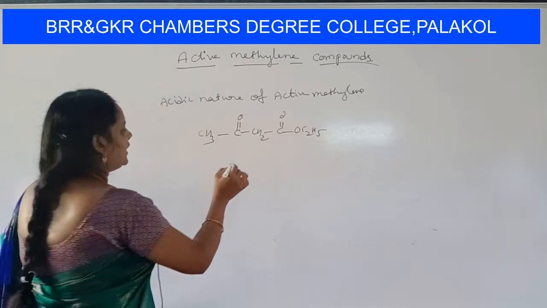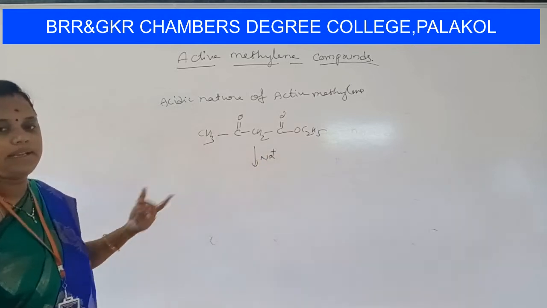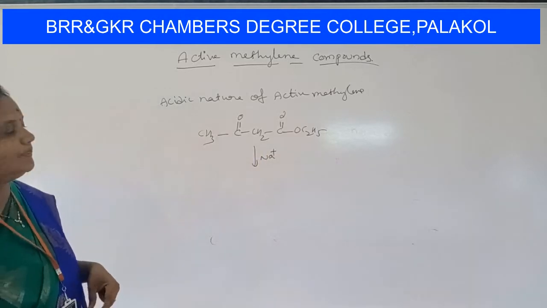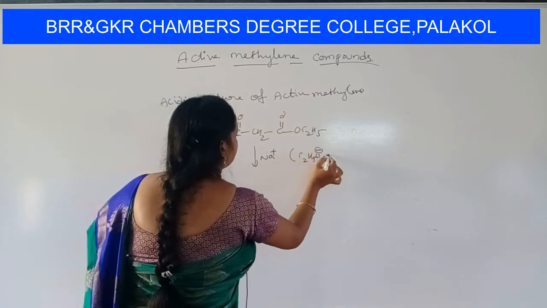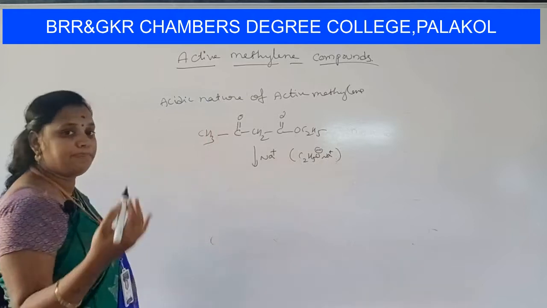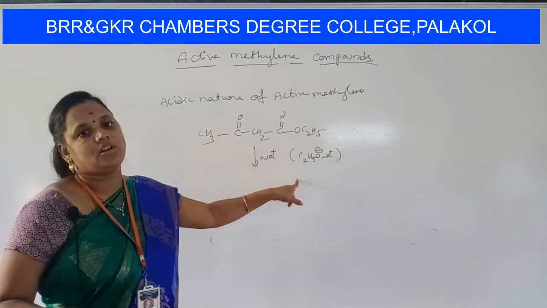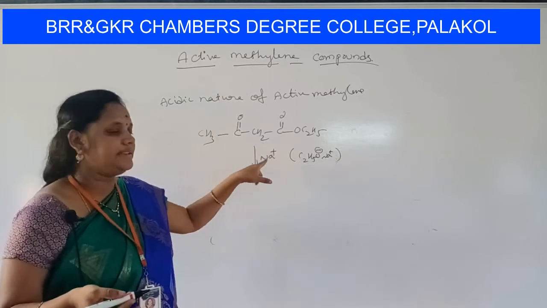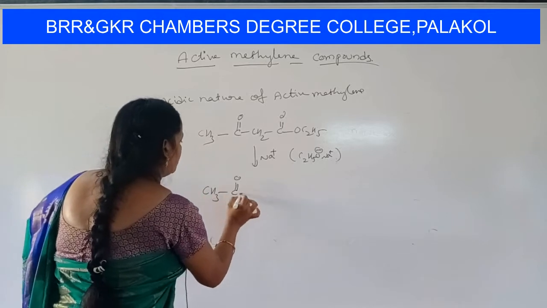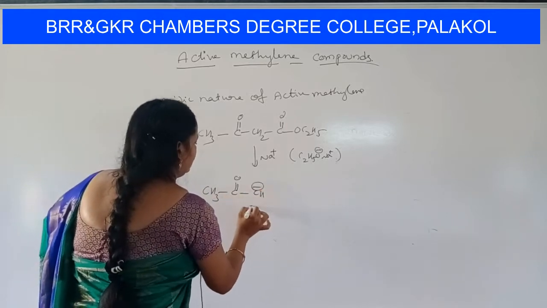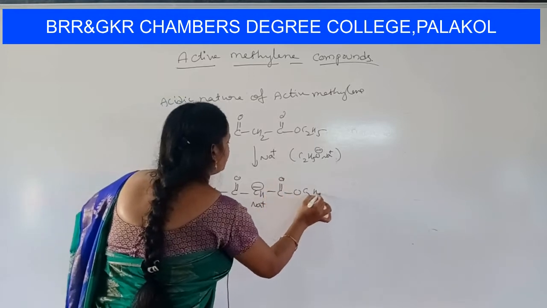So, what do we have to add? Na+. Let us treat it with sodium ethoxide, that is C2H5O- Na+, or simply we can add sodium metal. We may use sodium ethoxide or we may add sodium metal. So you will get CH3 C=O CH- Na+ C=O OC2H5.